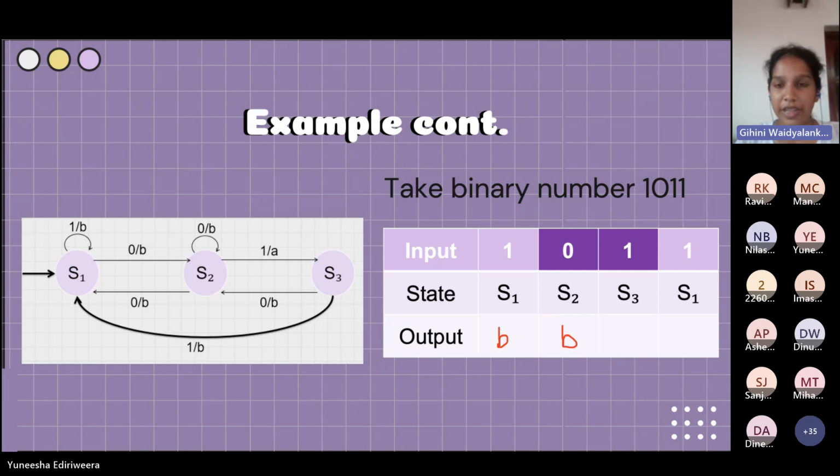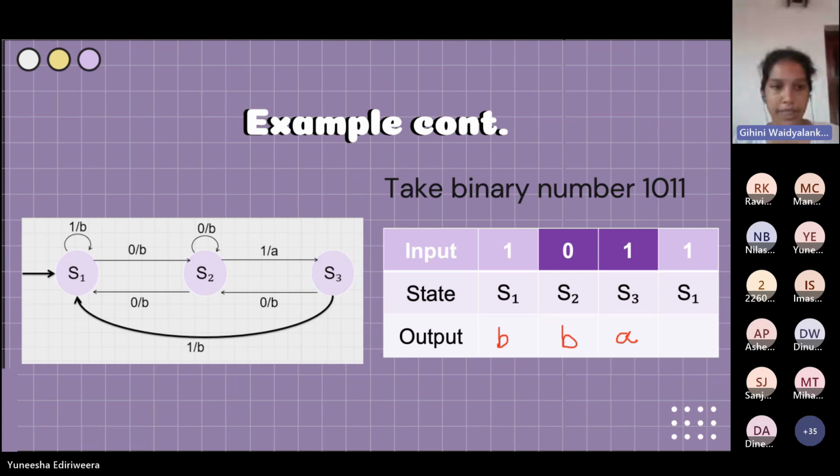Then we have the next input, which is 1. When 1 is given, it will transition from state 2 to state 3, making the present state S3 and the input 1. Therefore the output would be A. For the last input, we have 1. Now this diagram is in state 3, and when 1 is given, it will transition to state 1.